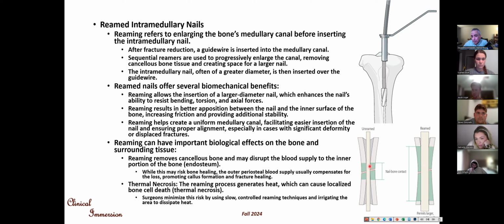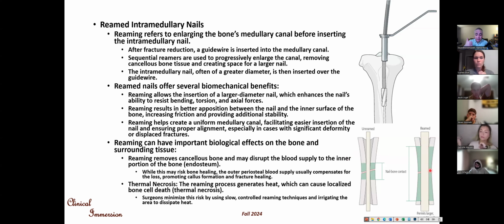Without reaming, it will be only a few millimeters, but with reaming, it will increase to several centimeters, and it increases the torsional stiffness of the bone-nail construct. So this is the benefit of reaming.